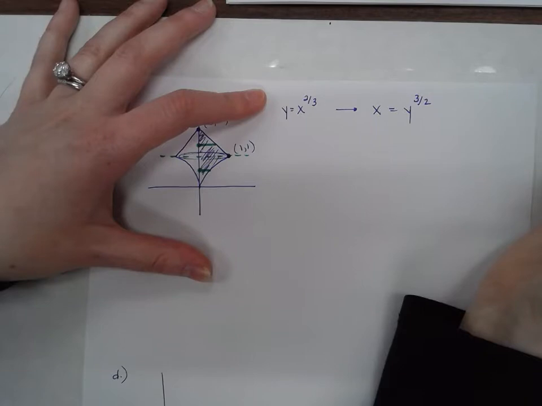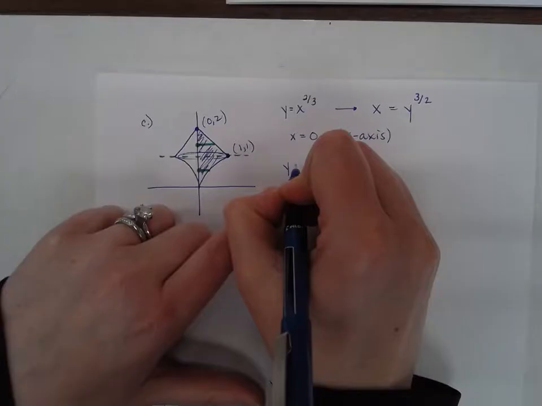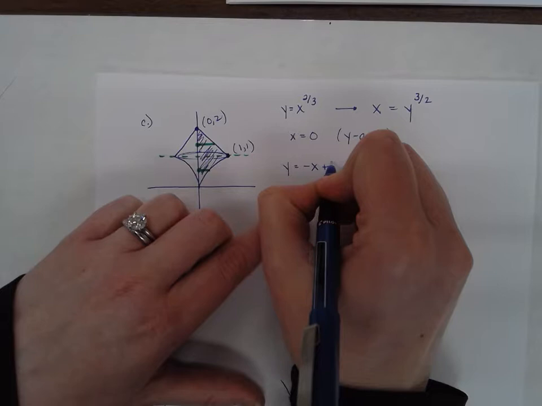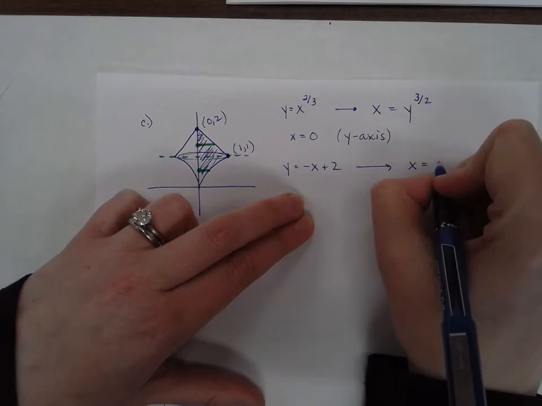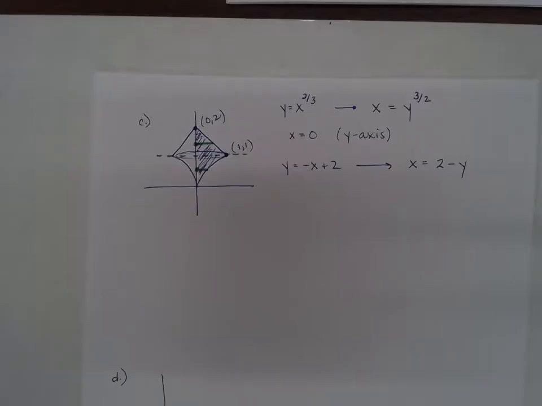That's my y-axis, so that's not a big deal. I don't have to change that around at all. But I also have y equals negative x plus 2, which means x is equal to 2 minus y. So because I'm going right minus left, now I have equations in terms of y. That's what I'm going to need here.